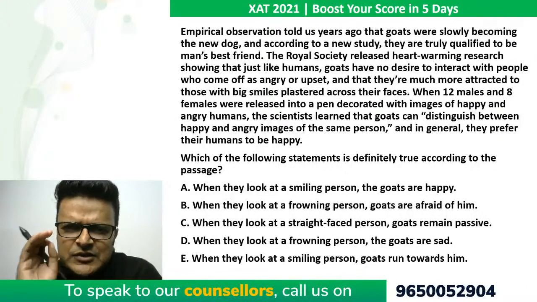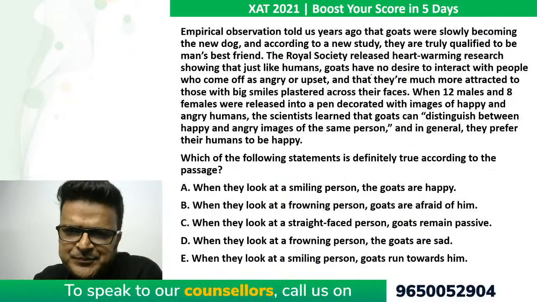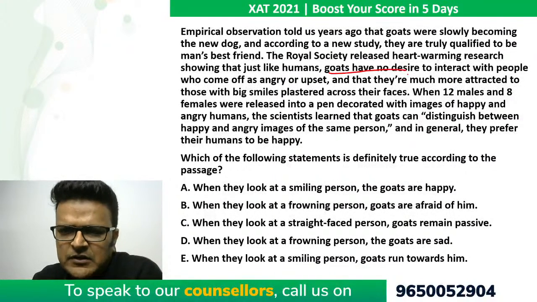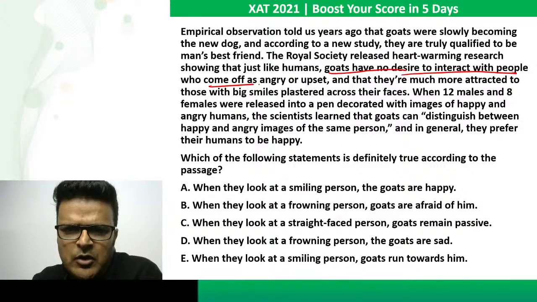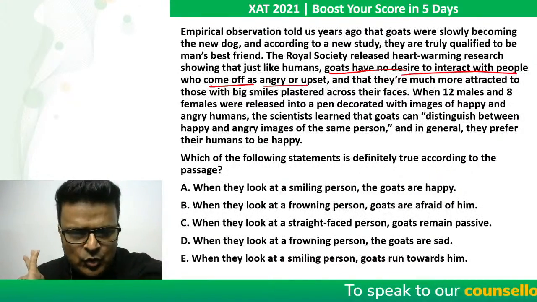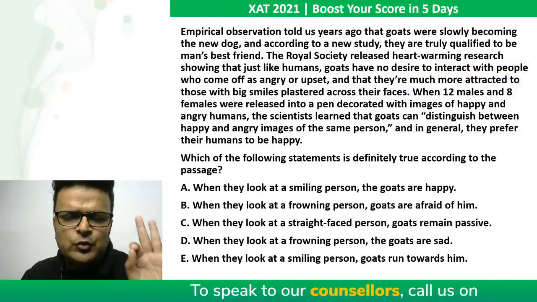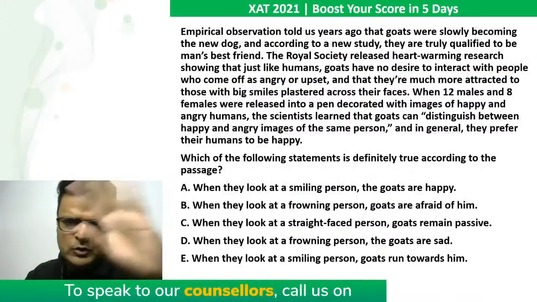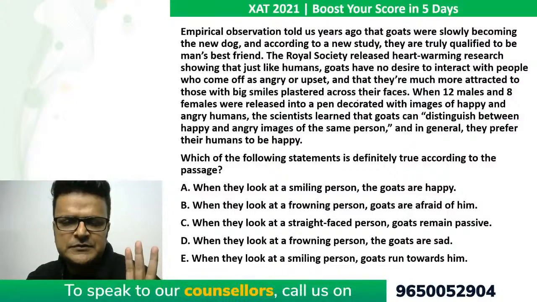Now, it's such an easy question. It says, goats have no desire to interact with people who come off as angry or upset. If you are angry, they have no desire to interact with you. If you are angry, get out of here, they don't want to interact with you. Correct?